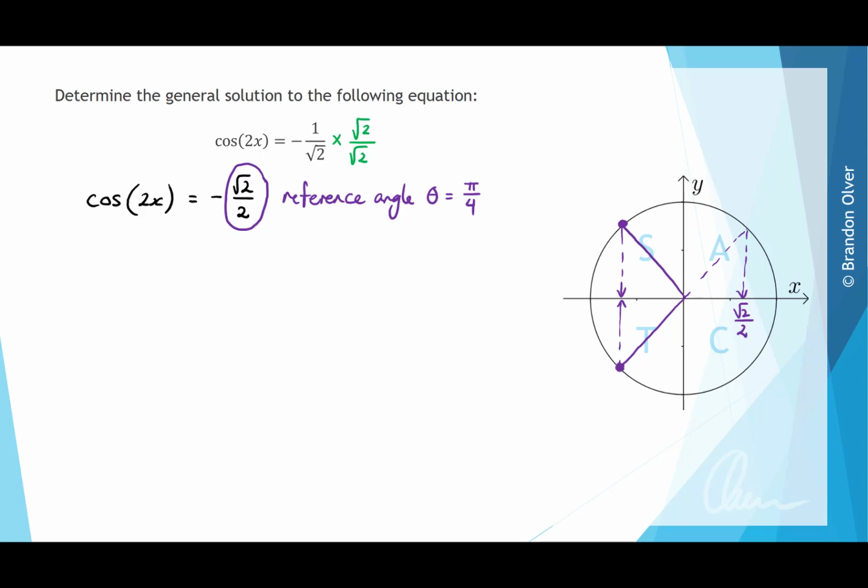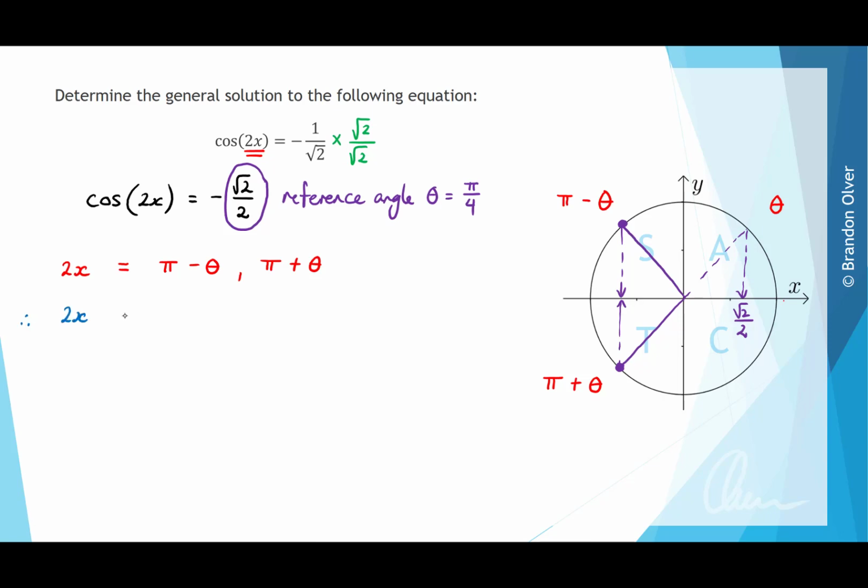So because we're in the second and third quadrants, if this angle in the first quadrant is theta, the symmetry of this quadrant is pi minus theta, and the symmetry of this quadrant is pi plus theta. Therefore, we know that 2x, the bit inside here, must equal pi minus theta or pi plus theta as two specific solutions over the first period of cos of 2x.